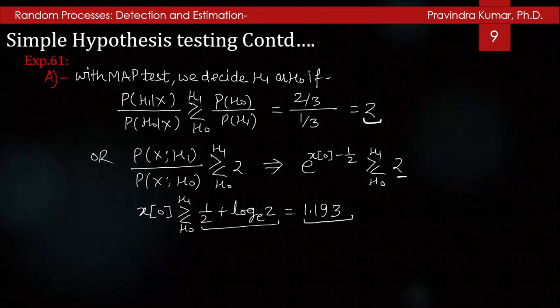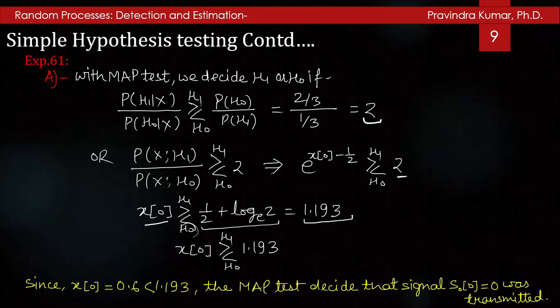This means when the observed sample x naught is greater than 1.193, then we will decide H1, and when it is less than 1.193, we will decide H0. And you have been given x naught is 0.6 and it is less than 1.193. So the MAP test decides the signal 0 was transmitted.